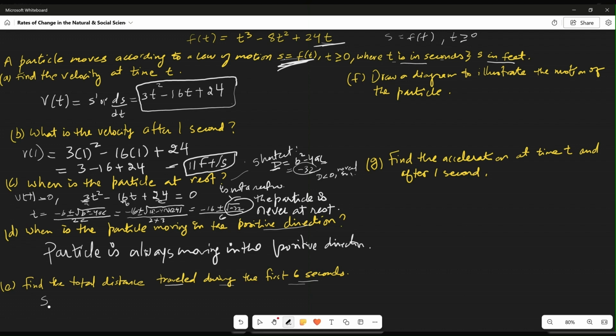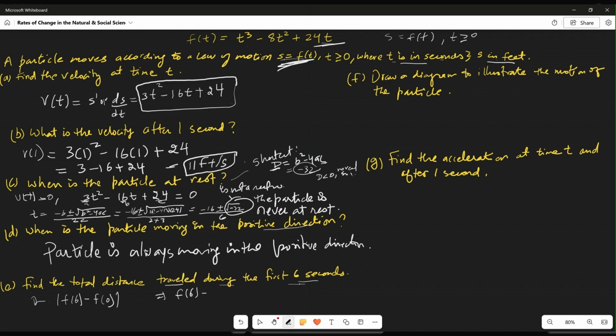The total distance is simply the difference between the position of the particle at 6 and at 0. So just plug in the value in the function.